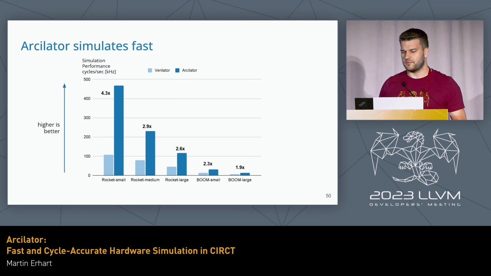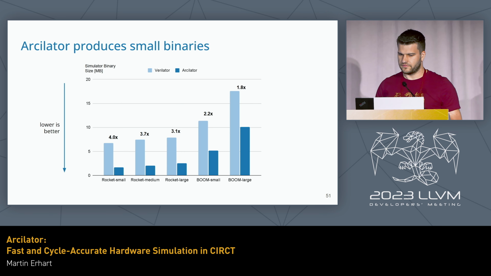But I'm not exactly sure why. Sorry, but I saw your binary size decrease. That's the next slide. But those are converging the same way as the other ones. Oh, I see. Yeah. Okay. Thank you.